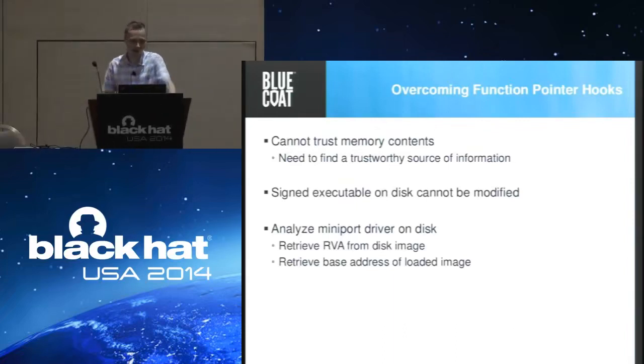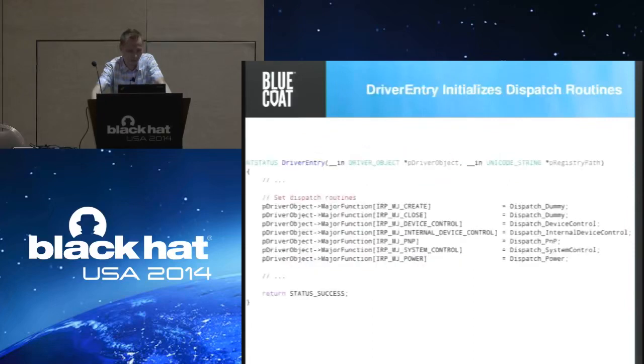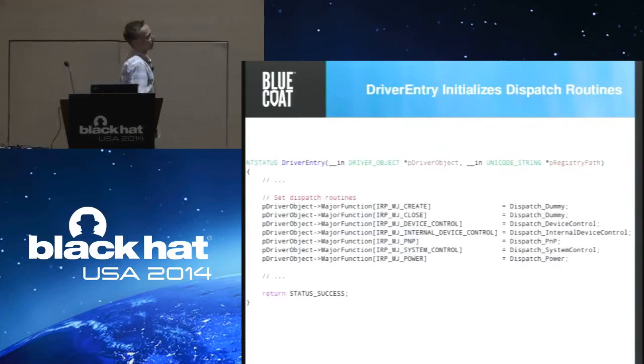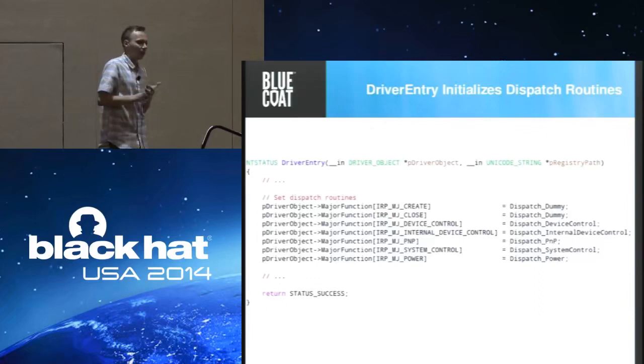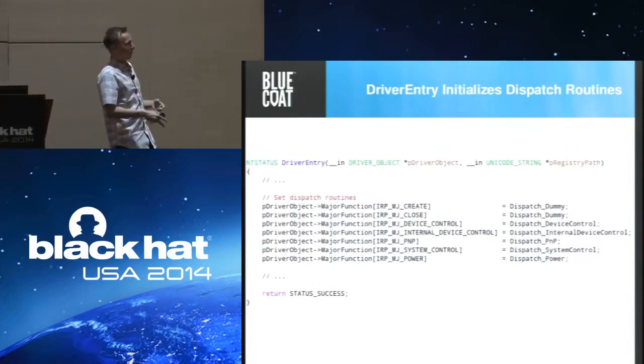Okay, so how do you go about doing this? How do you analyze the miniport driver on disk in order to locate the RVA of the original dispatch routine? It's slightly tricky. What you see here is a simplified example of a driver entry routine. This is the entry point of the driver, basically. Whenever it's loaded, this routine will run.